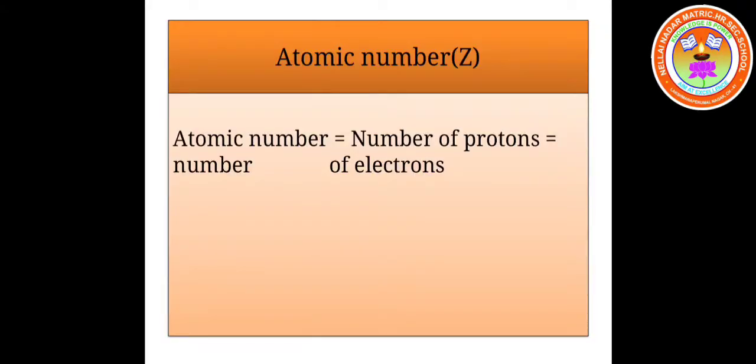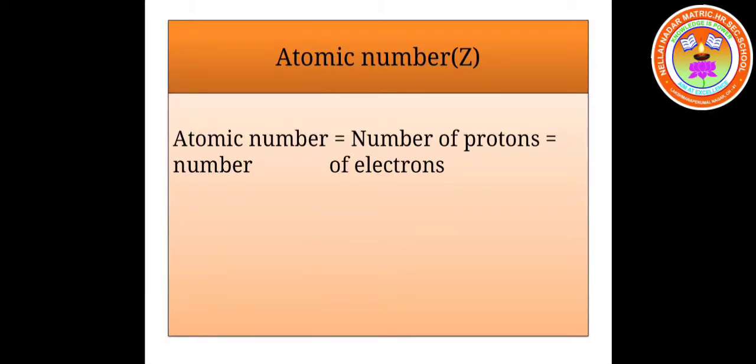What do you mean by atomic number? Atomic number is equal to the number of protons or the number of electrons present in an atom. We had already learnt that an atom is electrically neutral. Electrically neutral means the number of positively charged particles in an atom is equal to the number of negatively charged particles in an atom.